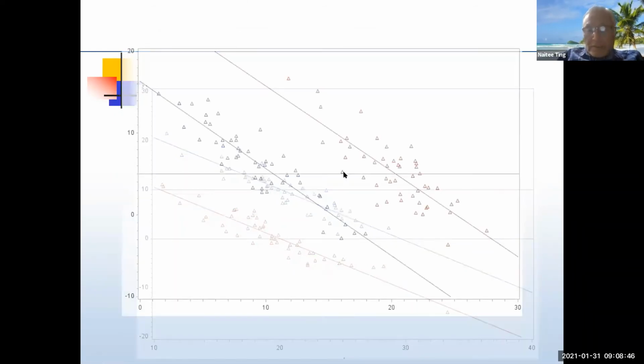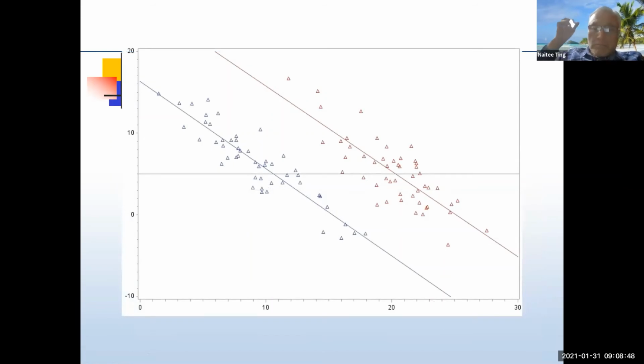Now, if you look at this data set, if I do not include baseline in the model, then the test drug mean is about 5 and the placebo mean is about 5.